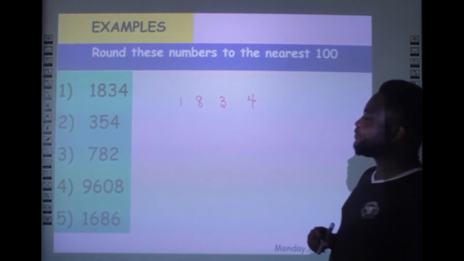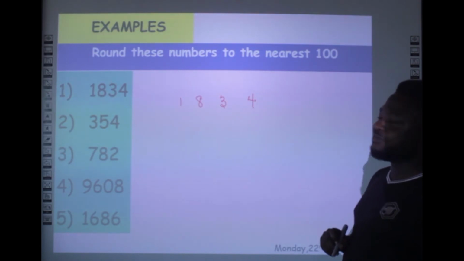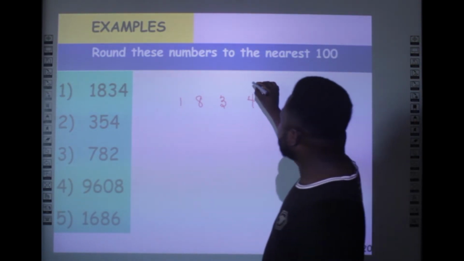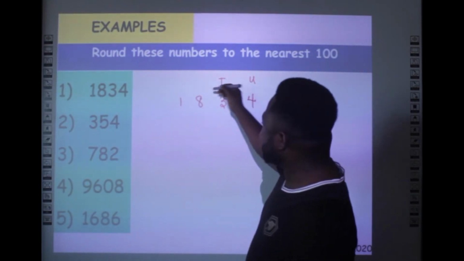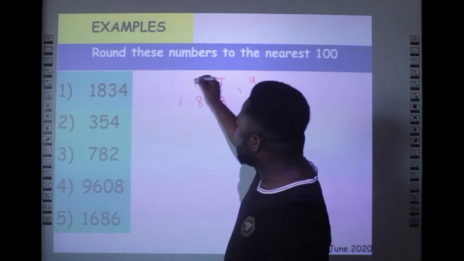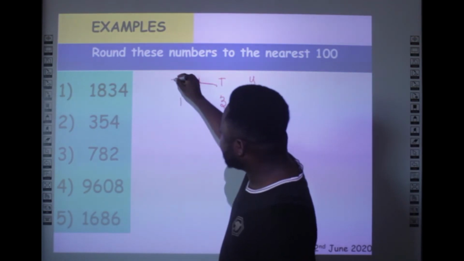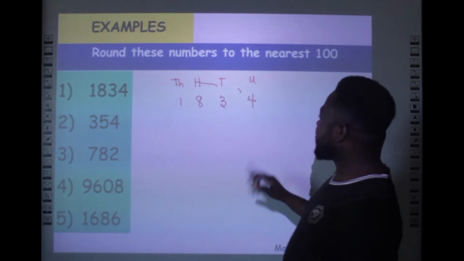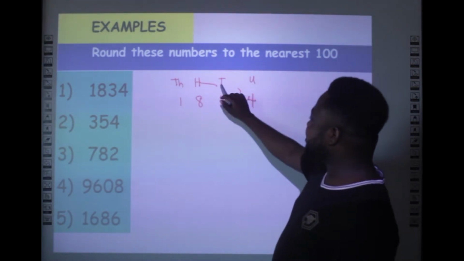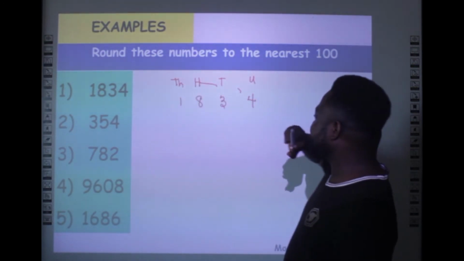Can you see that? Now you write the place value. So this is going to be units. This is going to be 10. This will be 100. This will be what? 1000. Can you see that? Okay. Now units, 10, 100, 1000.